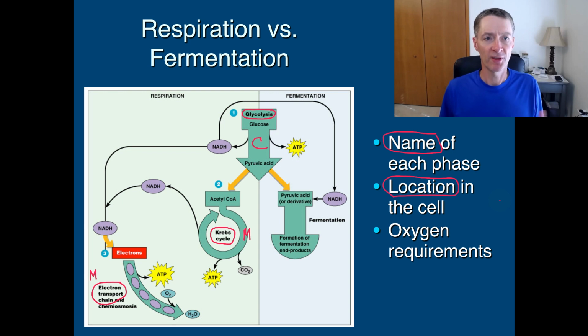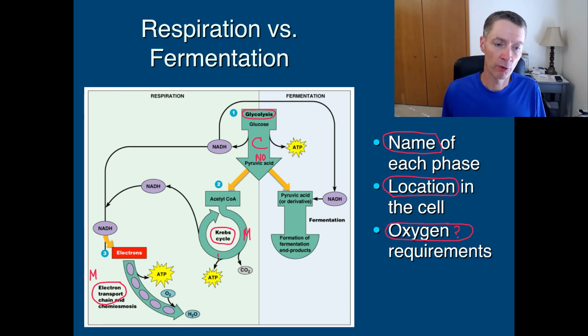All right, the third thing, let's go with an animal cell again, like our own, would be the oxygen requirements. So, is oxygen necessary for each of these 3 stages? The answer for glycolysis would be no. Oxygen is not necessary for glycolysis to occur. You can partially break down glucose, in other words, and not need oxygen for that to happen.